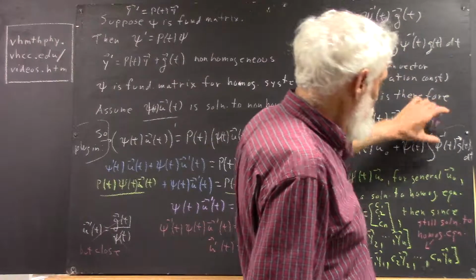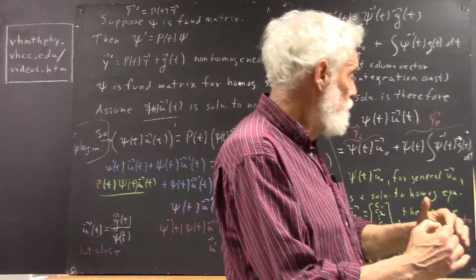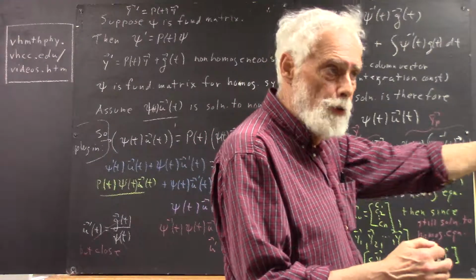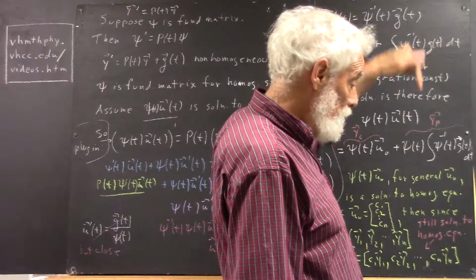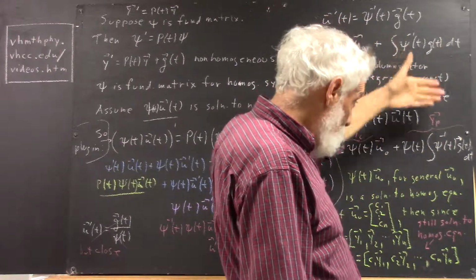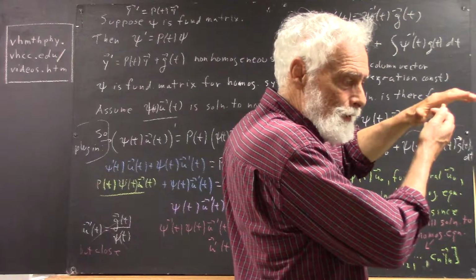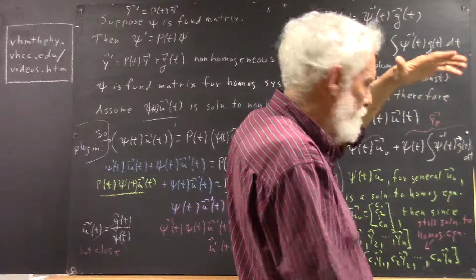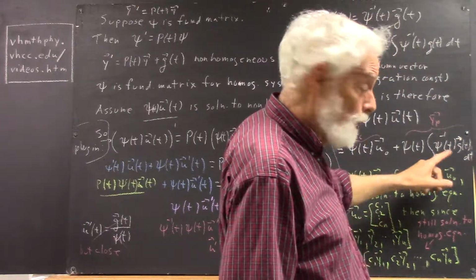So remember, for an n by n system, a system of n simultaneous differential equations in n unknowns, y1, y2, up through yn, the psi matrix will consist of n columns, each a vector of n entries, of length n. So each column will be length n, there will be n of them. You'll have an n by n matrix.